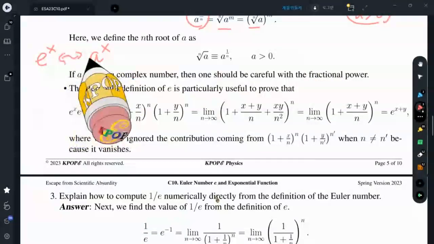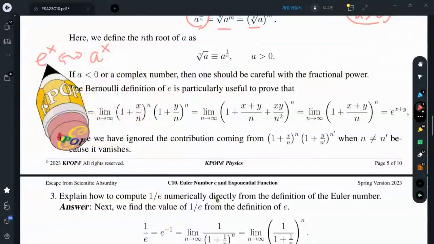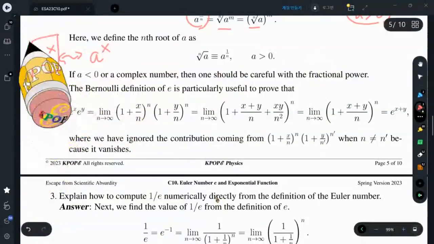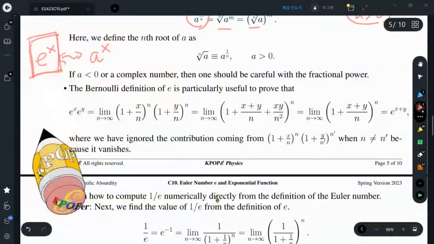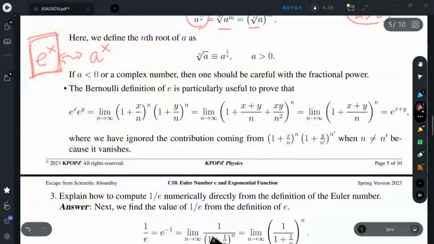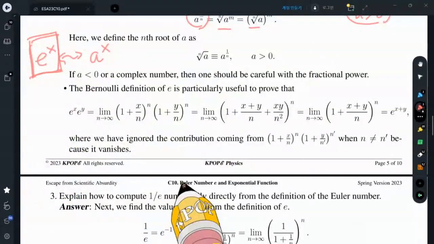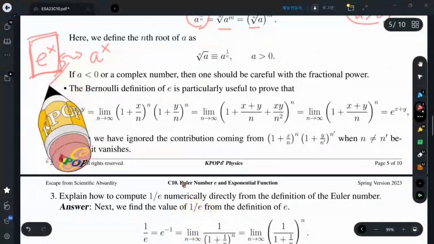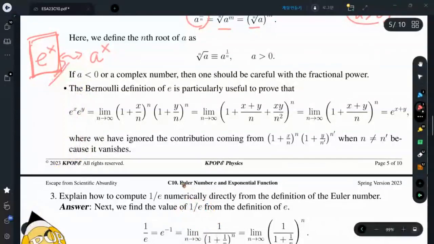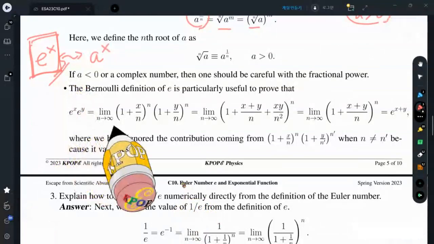After rescaling, they become equivalent, but it is easier to compute. So we first consider the exponential function, but the reason is that in physics problems, this one appears dominantly. Okay, so why don't we make use of Bernoulli's definition?